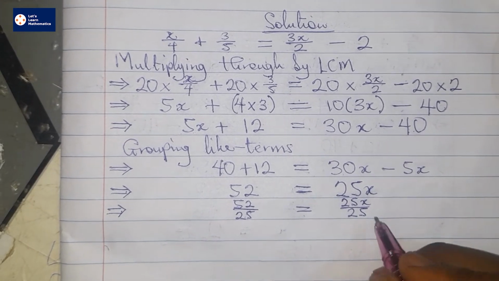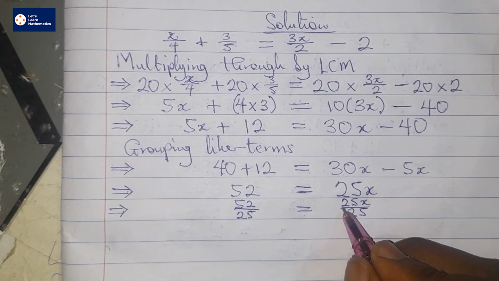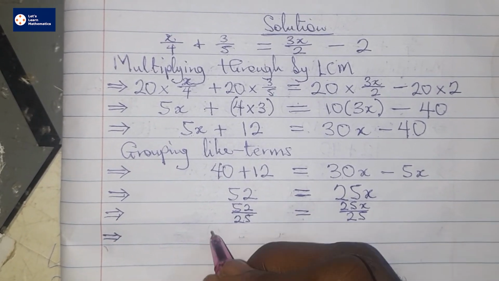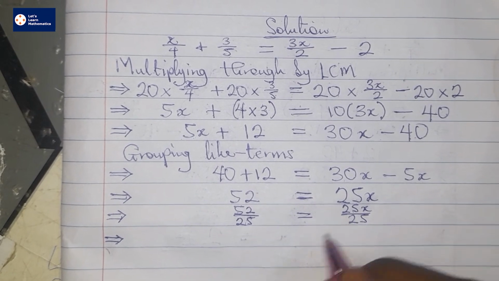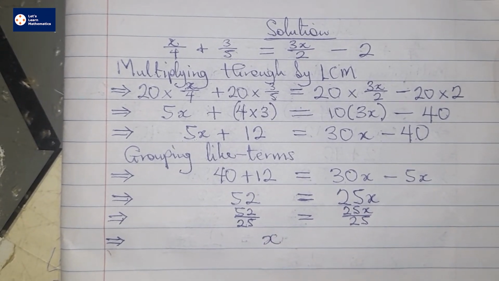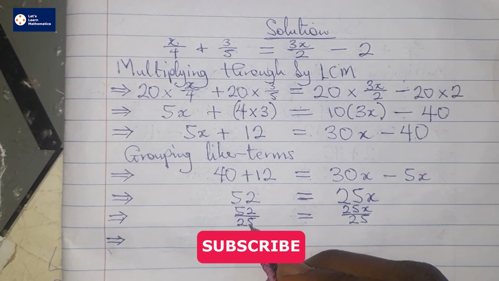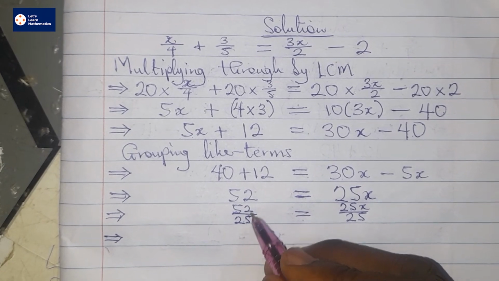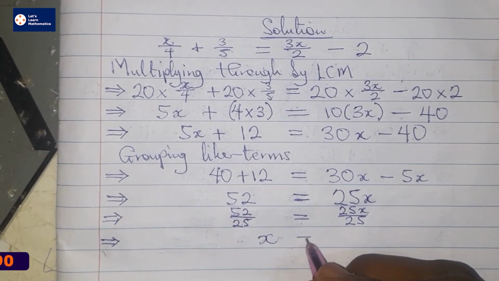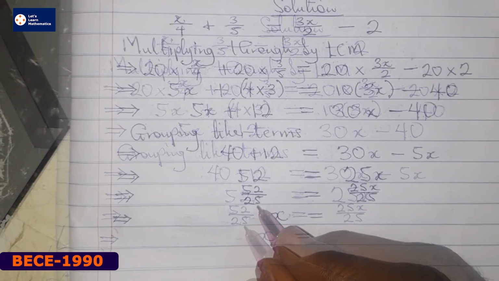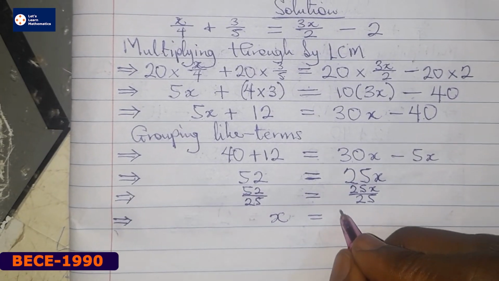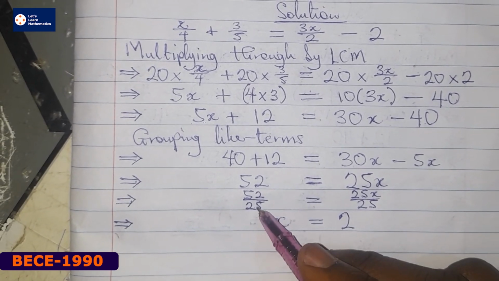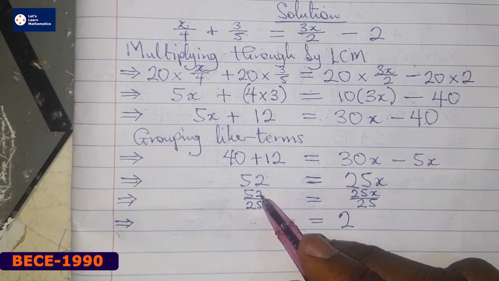When I do that, you can see that the 25 here will cancel the 25 at the top. So when the 25 cancels the 25, we are getting x. Then 52 over 25: there are two groups of 25 inside of 52. That is because 25 times 2 will give me 50. So it means I'm going to get 2 as a whole number, and there will be a remainder of 2.